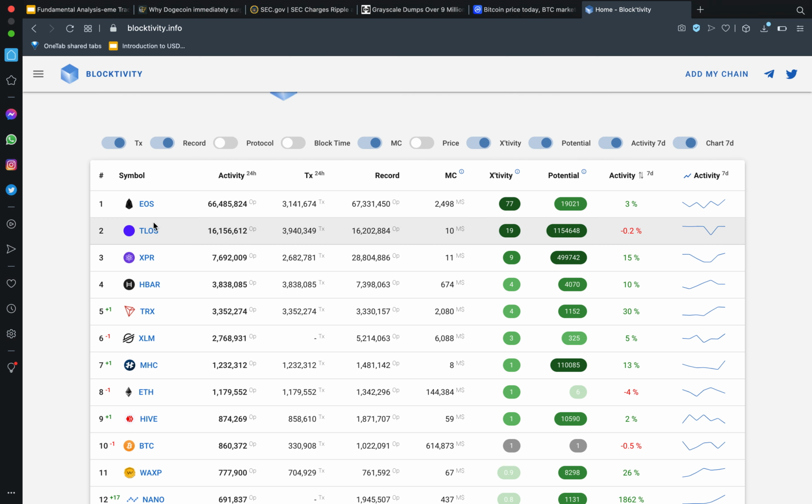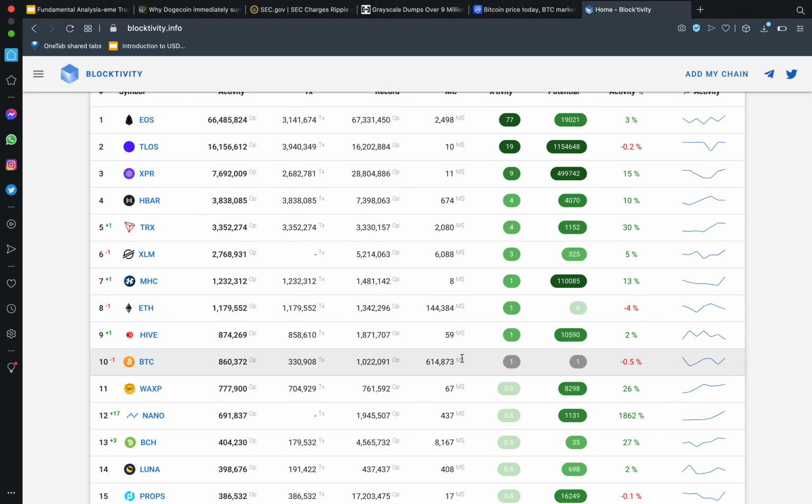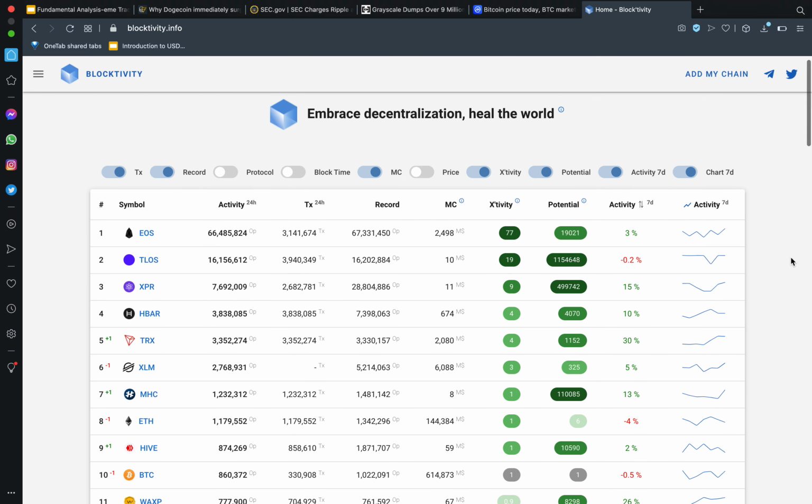For example, EOS right now has the highest transaction record in Blocktivity, so it tells you that it is the most scalable blockchain. All right, some of the problems that blockchains like Ethereum and BTC are having are scalability issues. So those are some of the things you can look at to evaluate the strength of a blockchain, and therefore its cryptocurrency.